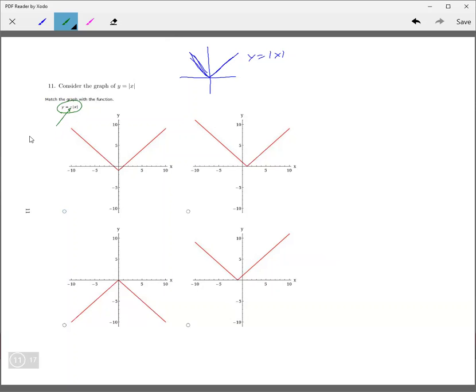This negative is outside, so it's reflect through the x-axis. So all this goes down, and this stays the same, so it's going to be like that. So it'll be this answer here.